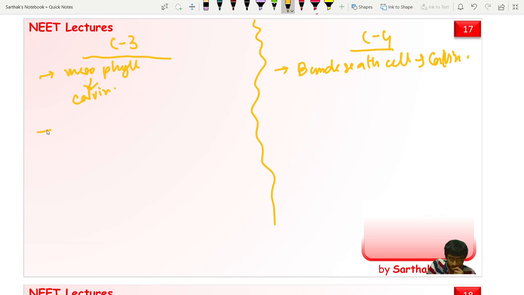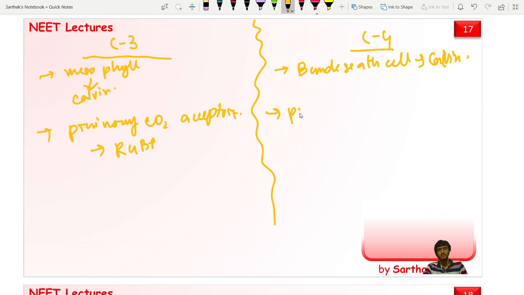And here the primary CO2 acceptor is RuBP, ribulose bisphosphate, and here the primary CO2 acceptor is phosphoenol pyruvate.